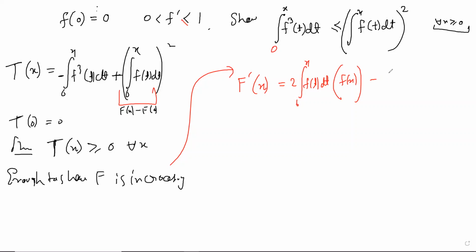So now we'll just do it. So this will become f cubed of x. That's all. That's all, right? It will be nothing else. Or let's just check it, right?